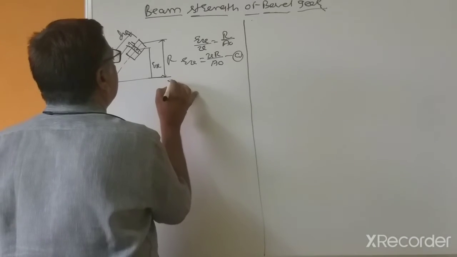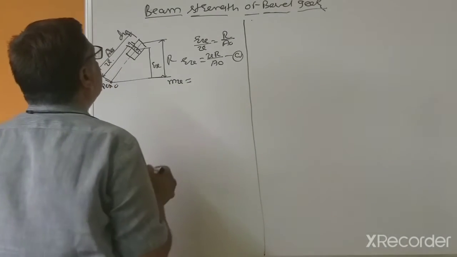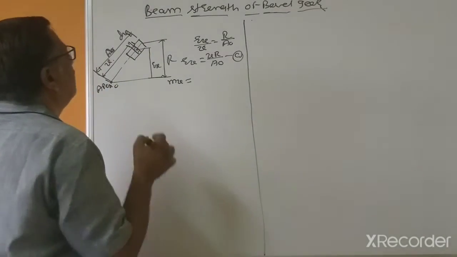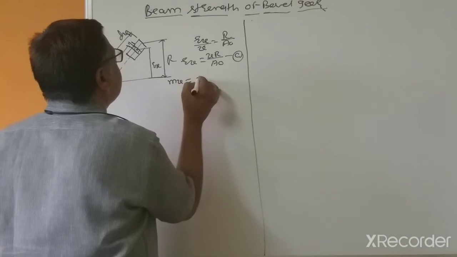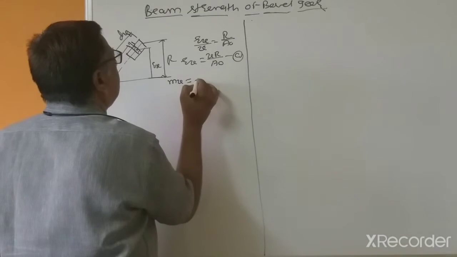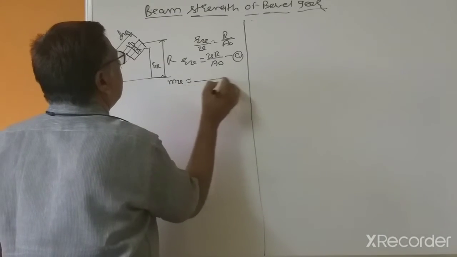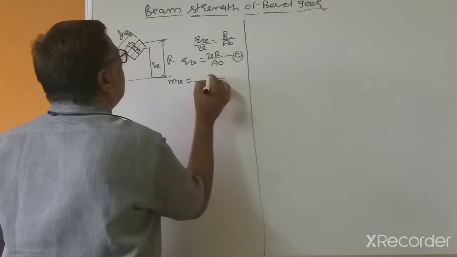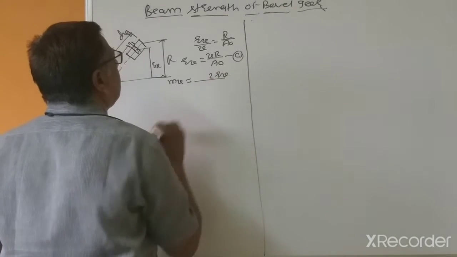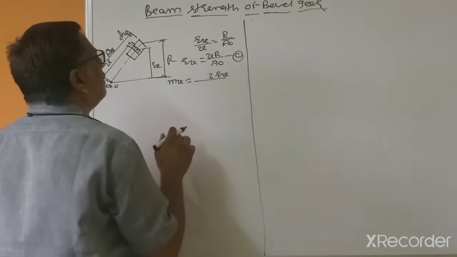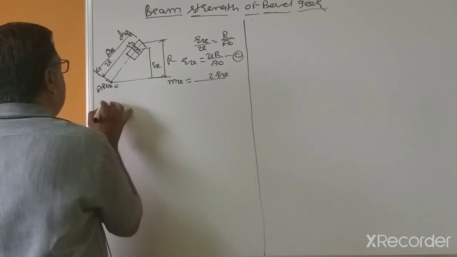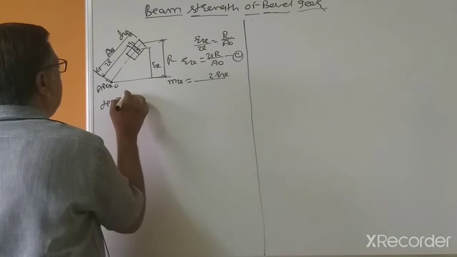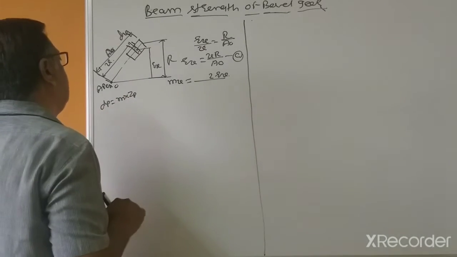Now mx, the module of this elemental section, is equal to 2Rx divided by the number of teeth, because dp equals module into number of teeth.